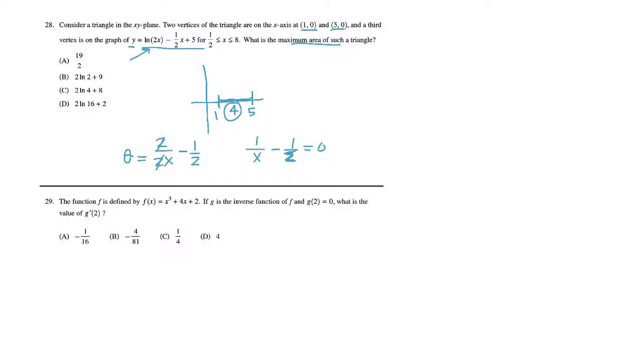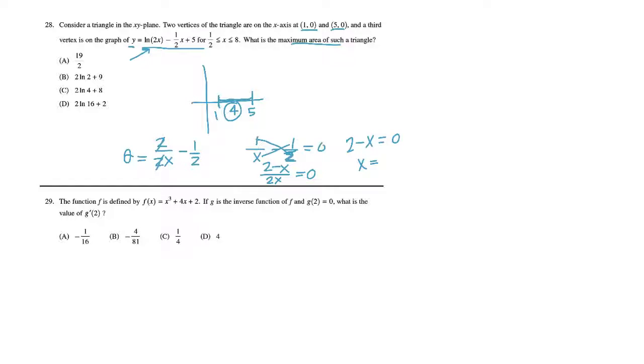And so let's get a common denominator and figure out what our numerators will be. And let's go ahead and do our nice little trick in doing our fractions. We're going to multiply the denominators, and so we're going to get 2x, and then we're going to cross multiply. So we have 2 minus x, that equals 0. And the only way that could possibly equal 0 is if the numerator of the fraction equals 0.